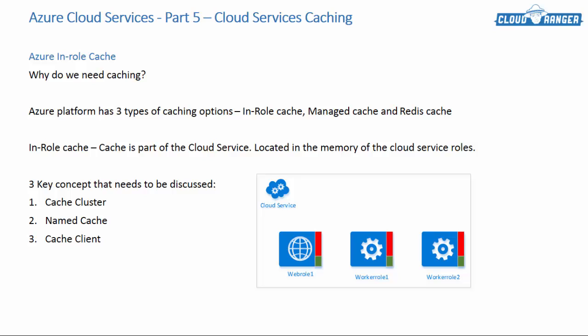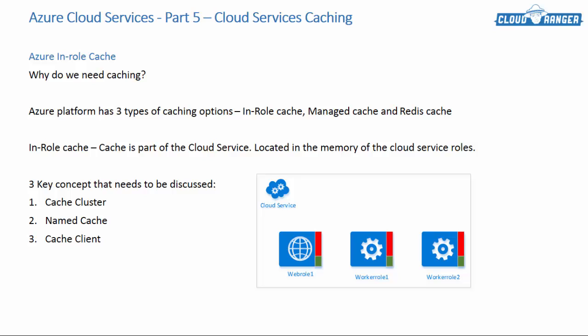The Microsoft Azure platform has three different types of caching options: in-role cache, managed cache, and Redis cache. The one that we are going to address in this session is the in-role cache because it's related to cloud services.